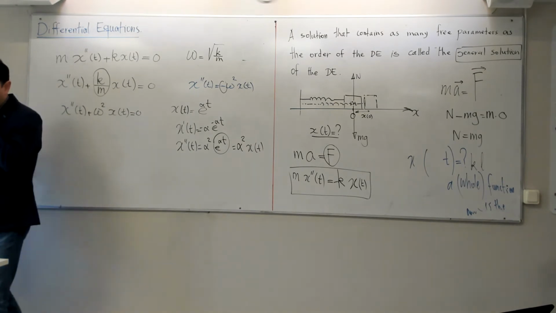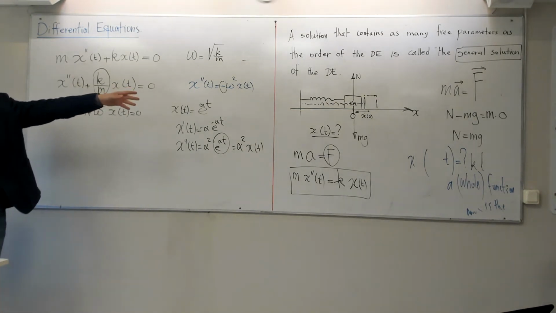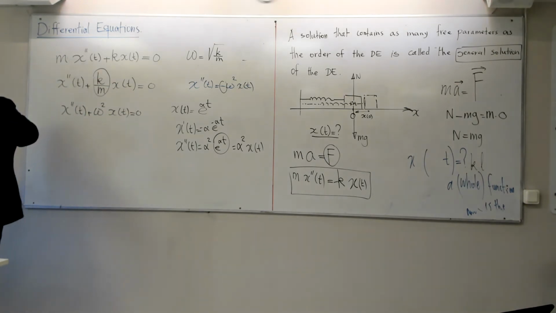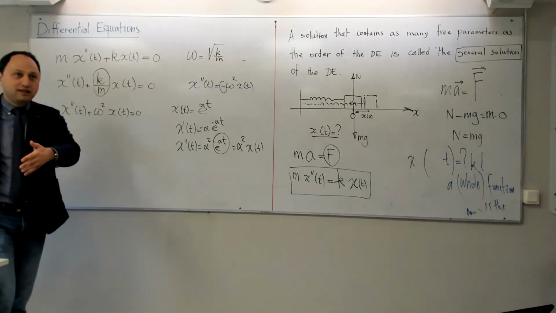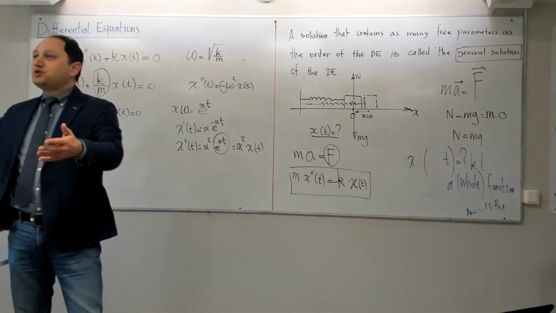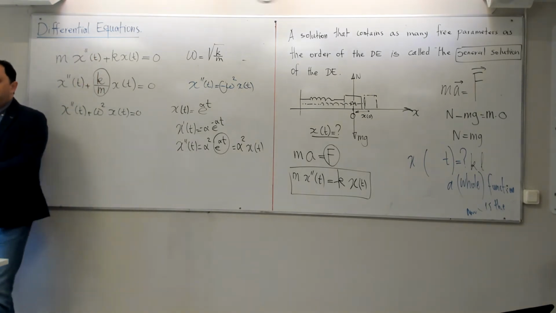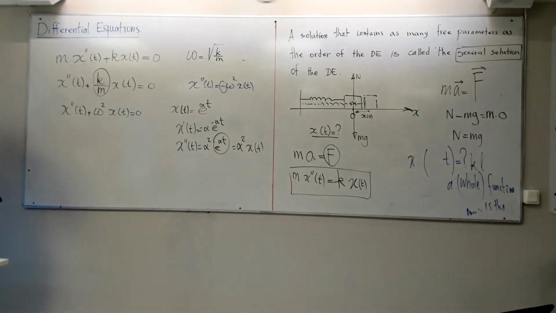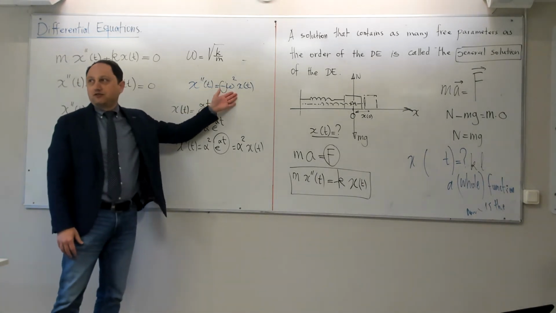Let me talk about these things to feel them. How does the system behave in reality, in your intuition? It goes back and forth. So what is happening? It repeats the same pattern over time. What is the analog of that in mathematics? The function is, yeah? Periodic. And the most famous periodic functions are sine and cosine. So if you see it from a physics point of view, maybe you should be able to guess something about the behavior of the function.